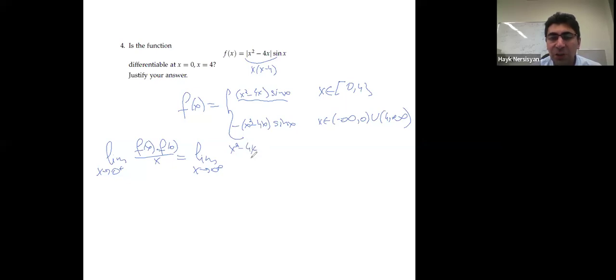Value of function is 0, so we are going to divide by x. What is this limit, guys? It is just x minus 4. Minus 4.